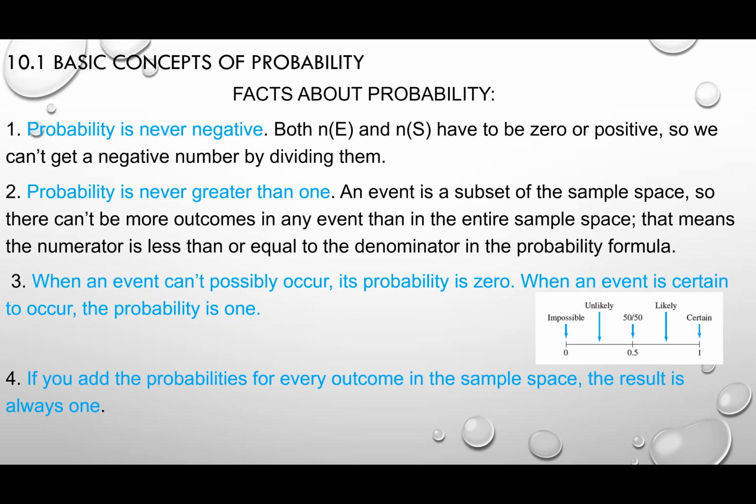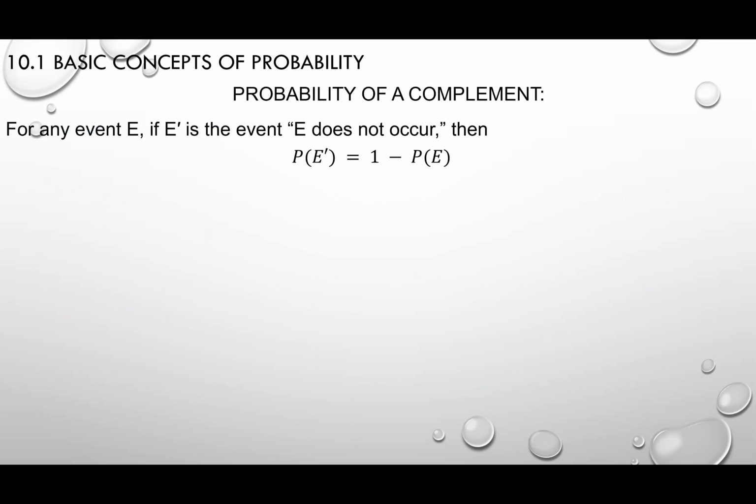Your probability will always be between 0 and 1. And if you add all of your probabilities together, it will be equal to 1. Okay, so that's the good thing: if they ask you to find the probability of something, then your answer will only be a decimal or fraction.